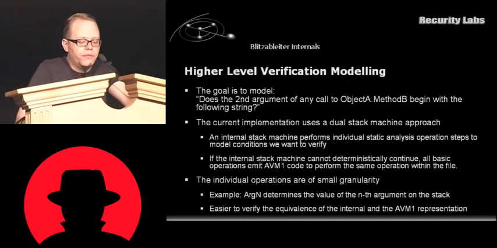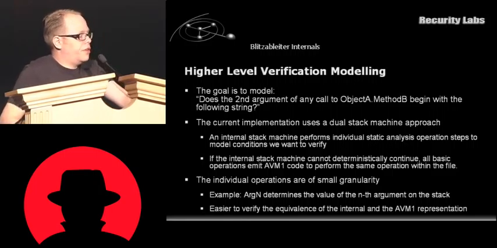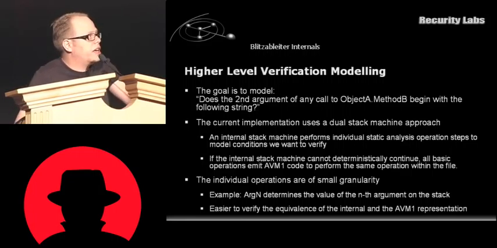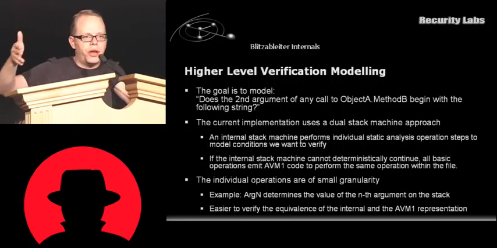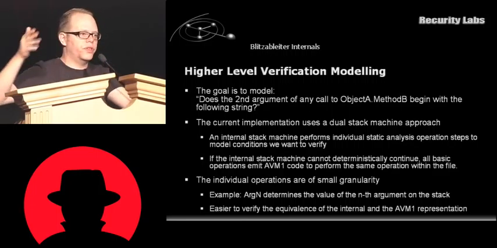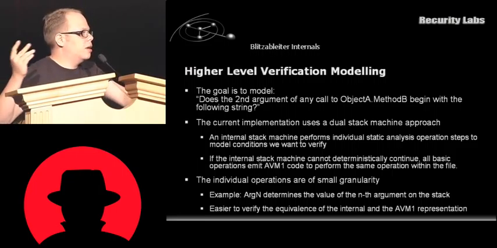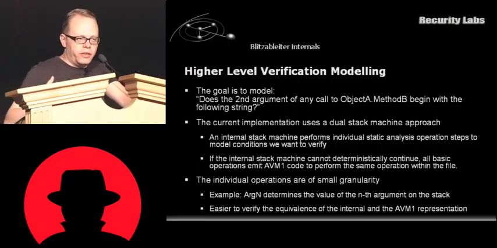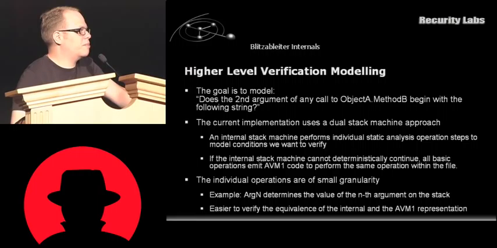The goal for the higher level verification model is that we can actually say, for an object, for a method, the second or third argument, does it fulfill the following requirement, which is usually a string comparison. The way we implement that right now is we have our own virtual machine, a stack machine.